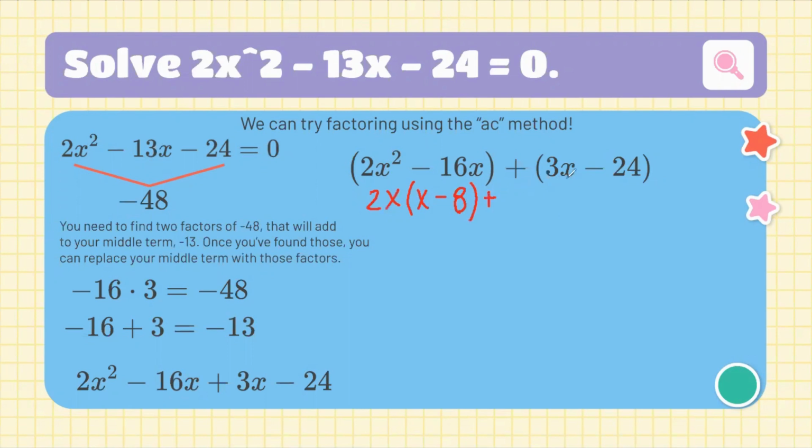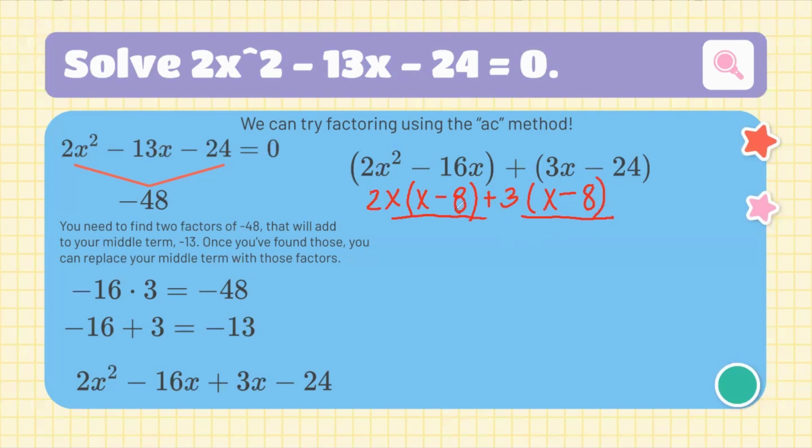You can do the same for 3x minus 24. The GCF in 3x minus 24 would just be a 3. If you factor out a 3, that would leave you with x minus 8. And notice that the expressions inside the parentheses are the exact same for both 2x squared minus 16x and 3x minus 24.